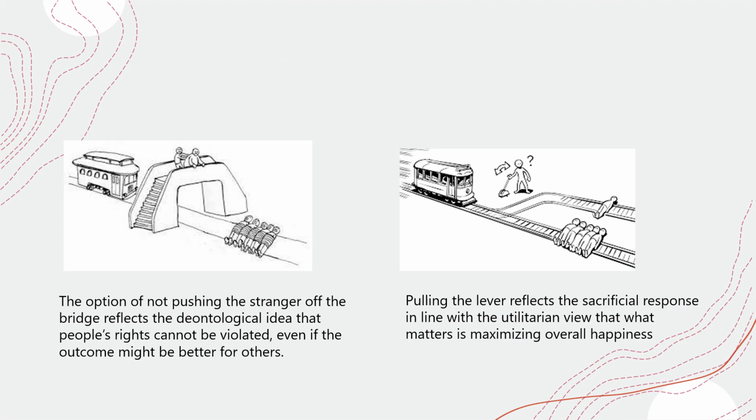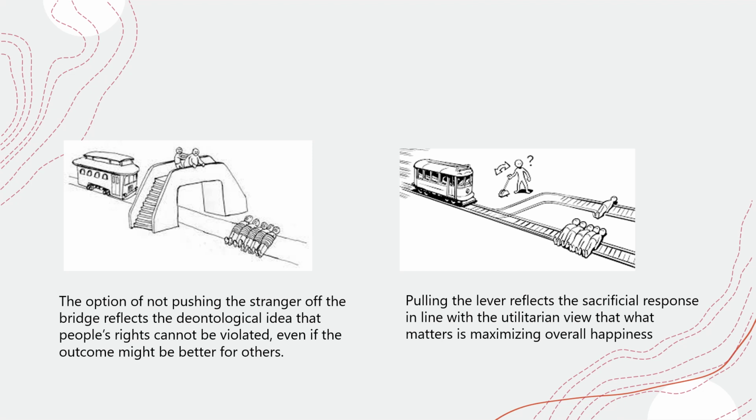So here we can see the two ideas, deontology and utilitarianism, mapped onto the personal and impersonal moral dilemmas. Deontological claims are typically produced by affective processes, and utilitarian maximizing claims by rational processes.